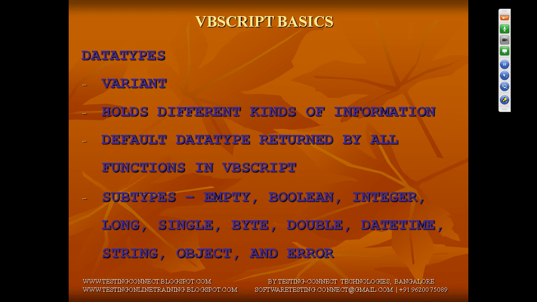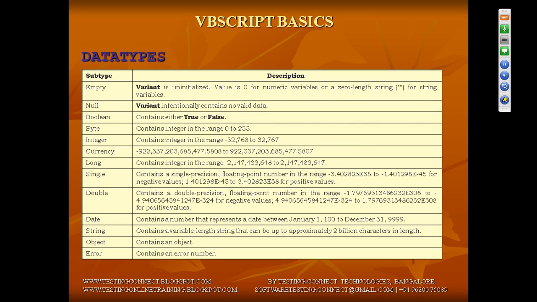Then integer, long, single, byte, double, date, date and time, string, object, error. These are the different subtypes you come across in variant. Normally in VB script you may not get a chance to use all these subtypes, so just for awareness purposes try to remember them. Now, what is the difference between empty and null?